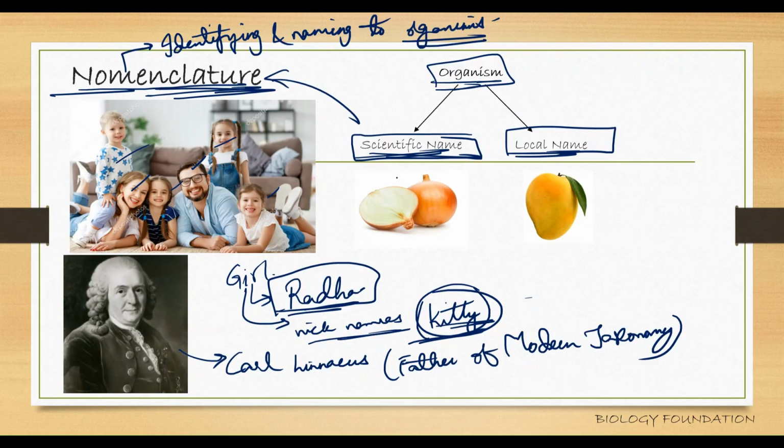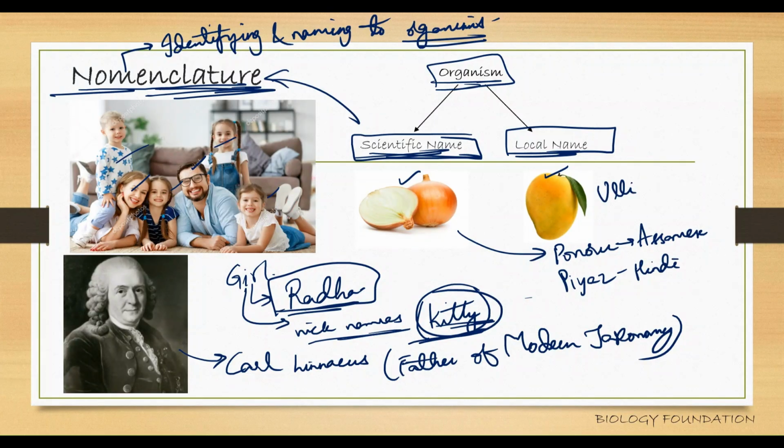Now try to understand here. You can see two pictures, right? One is onion, and the second one is your mango. For onion, there are several local names. Assamese refer to it as Punnuru. In Hindi, it's called Pyaz. We all know that.